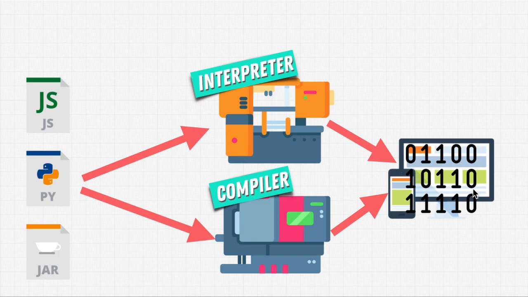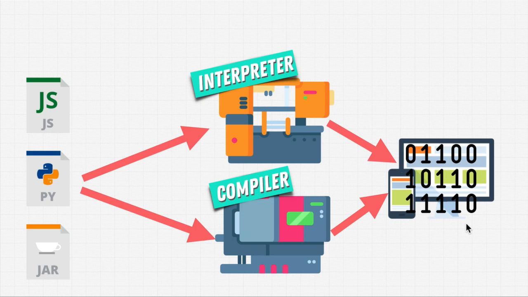But I want you to just have this general picture that when we write code, whether it's Python, JavaScript, Java, C or C++, we're typing it in a language that is human readable. We're giving it to one of these translators, like an interpreter or a compiler, and these spit out code that is able to run on our machines.